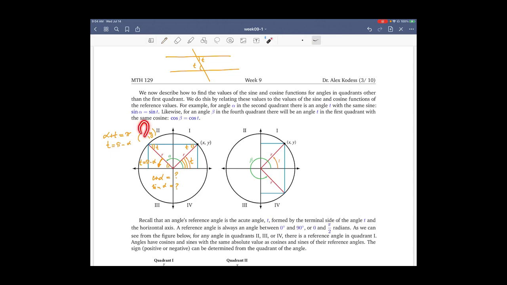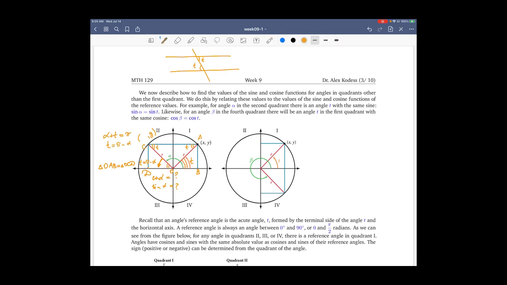What about the x-coordinate? Well, we argue the following way. We look at these two triangles, OAB and OCD. Clearly, they're equal. Why is that? Both are right triangles. They have equal hypotenuses, both equal to 1, and equal angles. This angle is t and this angle is t.